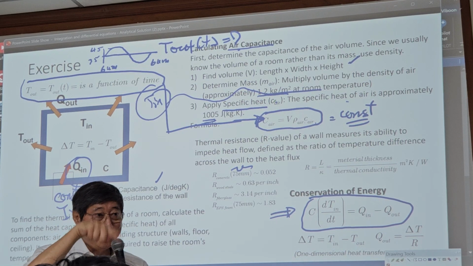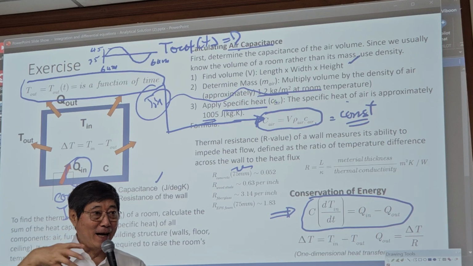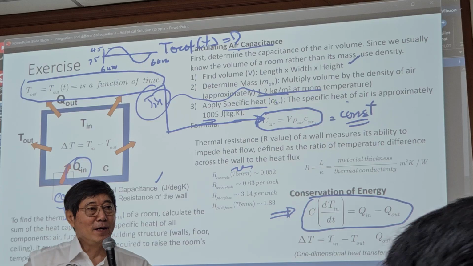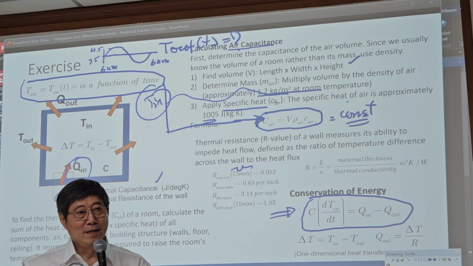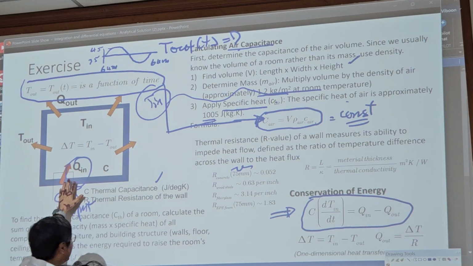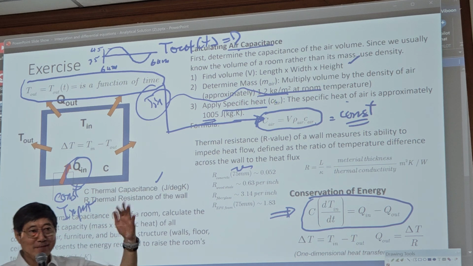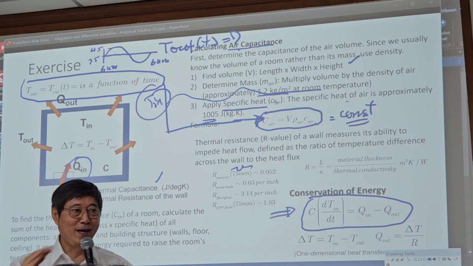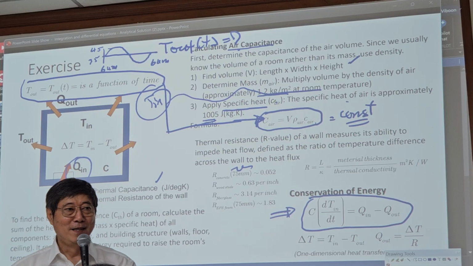Not one now. Some step that may be bigger or whatever. And you will find out. So you have to vary Q in and see the response. Very clear. See the response.